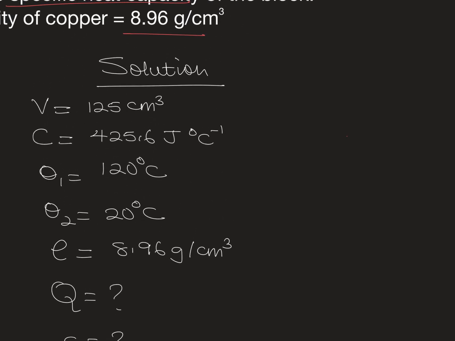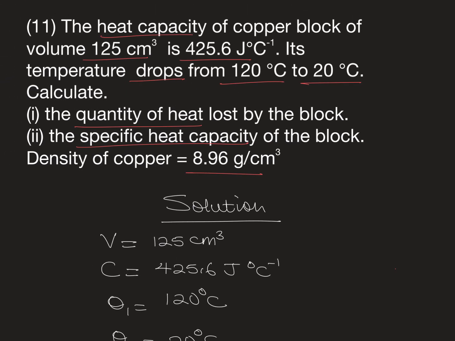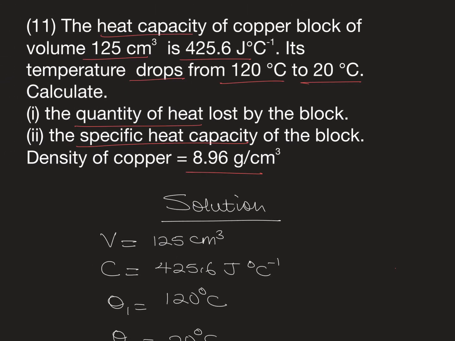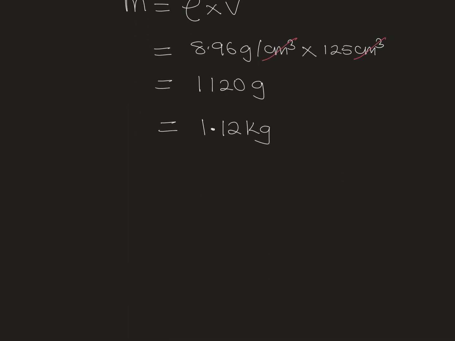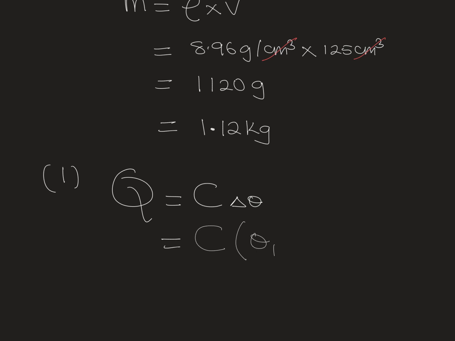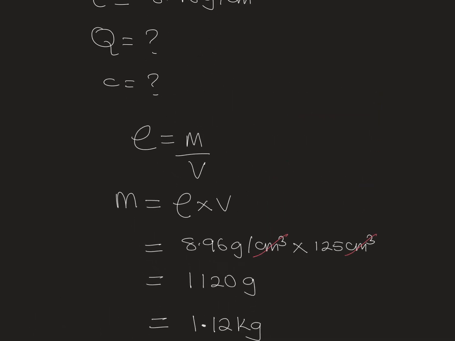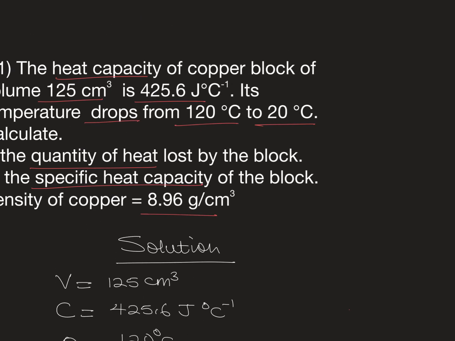Now we will move on to answer the first question, which is the quantity of heat lost by the block. So question 1, to find the quantity of heat, we can use the heat capacity multiplied by the change in temperature. So that is going to be the heat capacity into theta 1 minus theta 2. The reason for that is we are dealing with a cooling process.